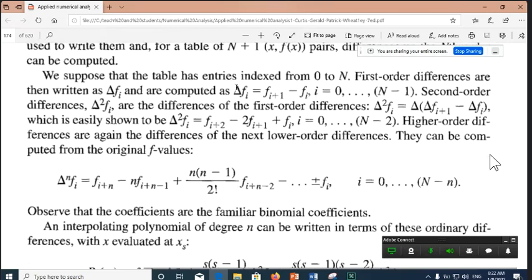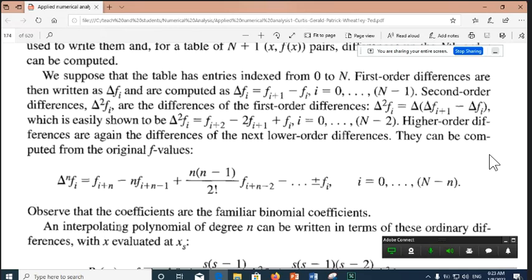Computing ordinary differences compared to divided differences became very easy and simplified, and we can simplify our computation even further in the case of evenly spaced points.